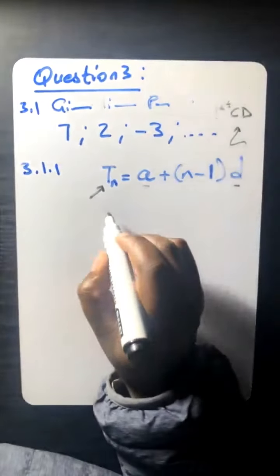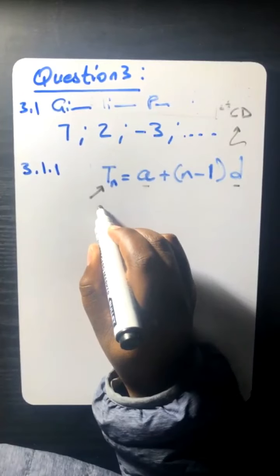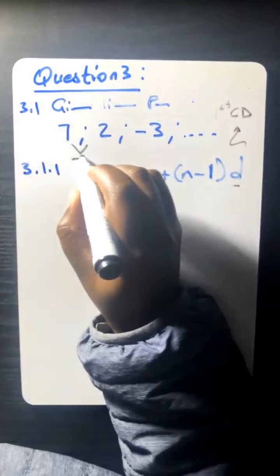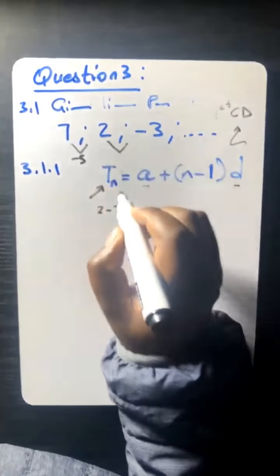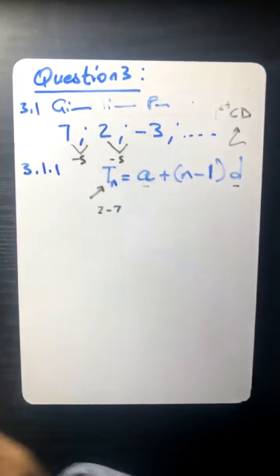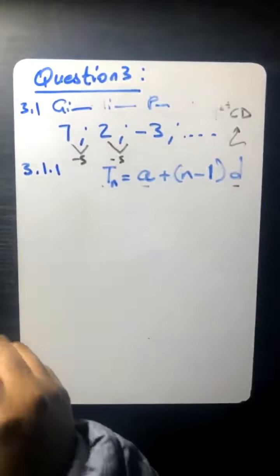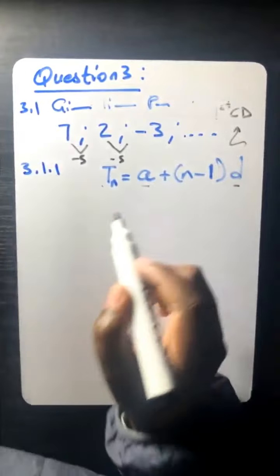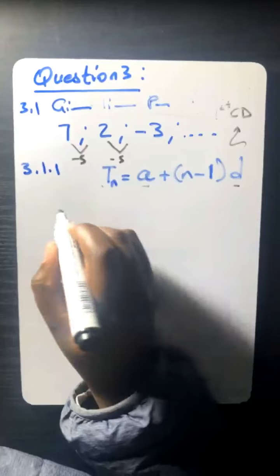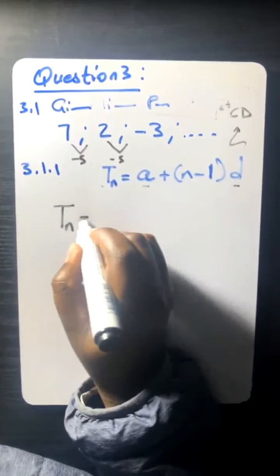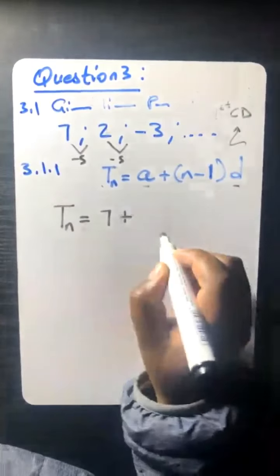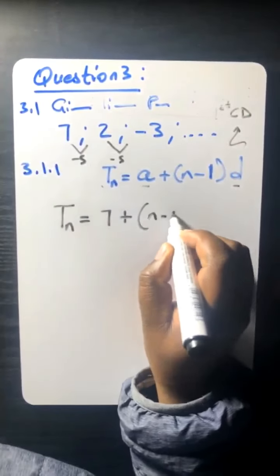So we said 2 minus 7, it gives us -5, and we said 3 minus 2, and it gave us -5, which means we have our common difference. That means we have Tn equals a, being 7, plus n minus 1 times d.